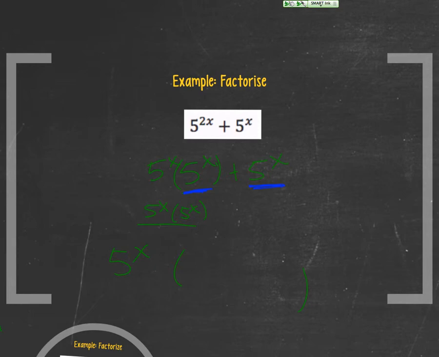But I'm taking out this. So when I take that out, what's left? 5 to the x. And then same thing, I've got 5 to the x, and I'm taking out this 5 to the x. So what does that simplify to be? Just 1. Because it cancels out, but we have to hold that spot.